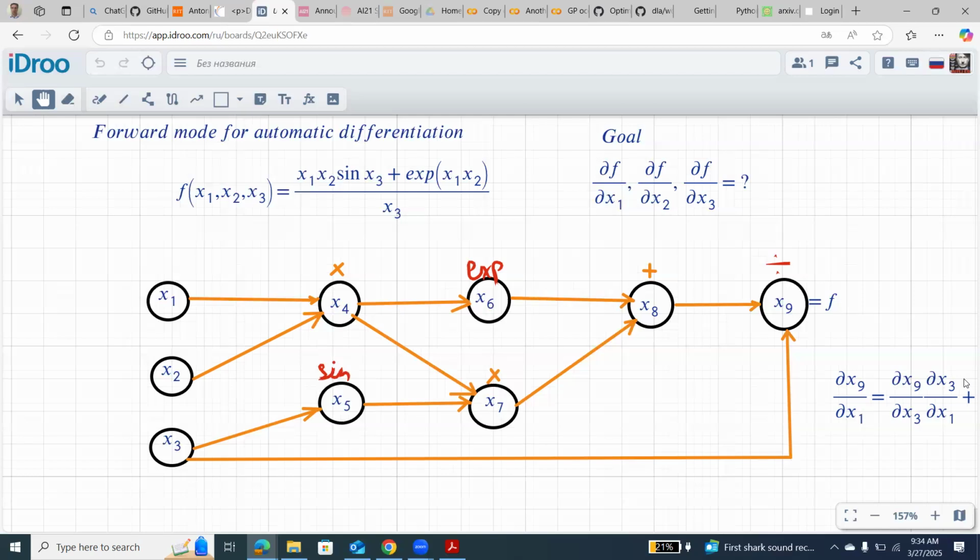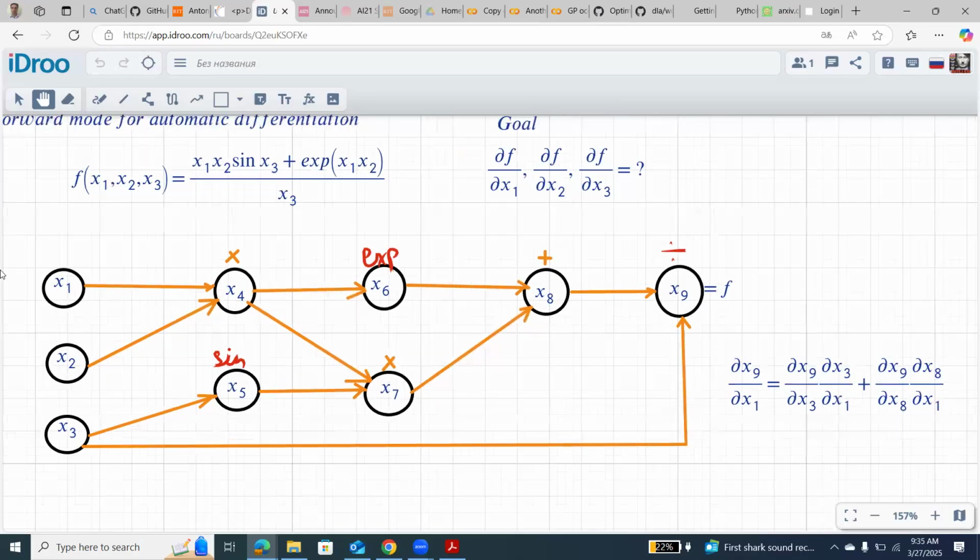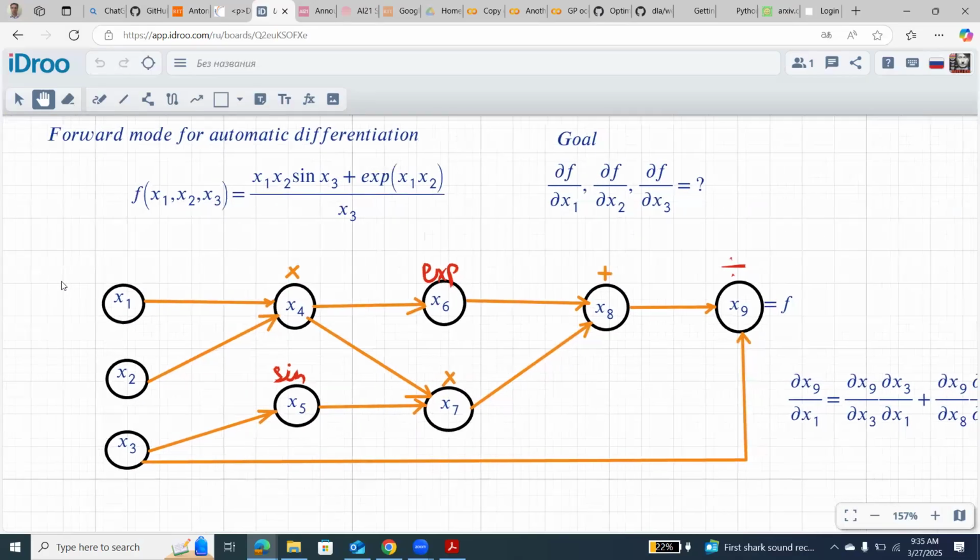Okay, so let's continue our discussion of how our derivative computations work in different packages. So we created the computational graph to evaluate our function based on inputs x1, x2, x3.